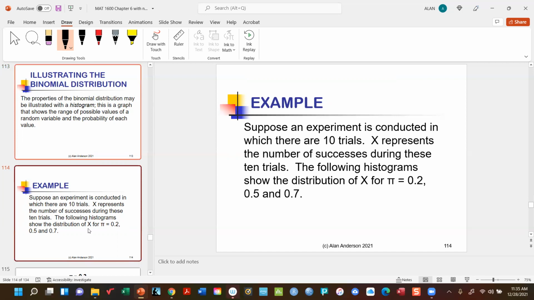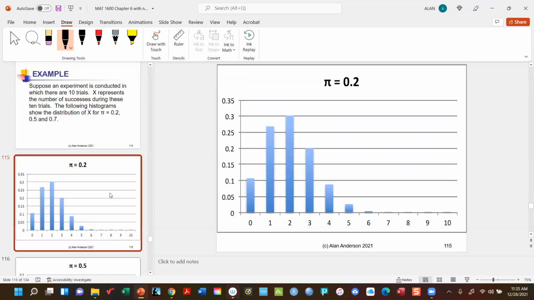Now, if we do that, the resulting histogram looks like this. So what are we trying to see here? Well, first of all, when we have 10 trials, the outcomes are limited to 0 to 10, right? So we have 1 bar for each of these 11 different possible outcomes. And the heights of these bars represent probabilities.